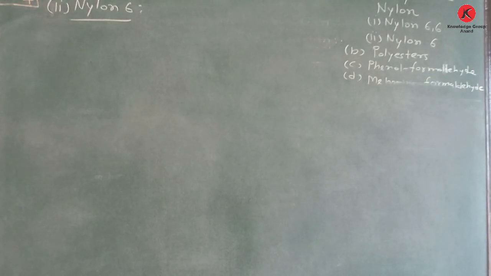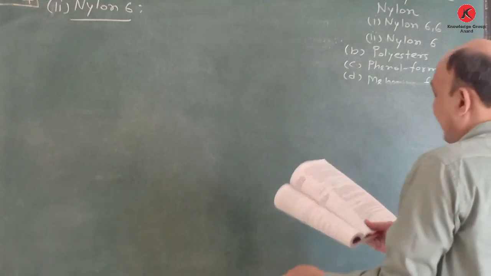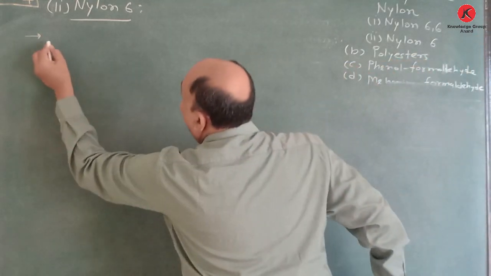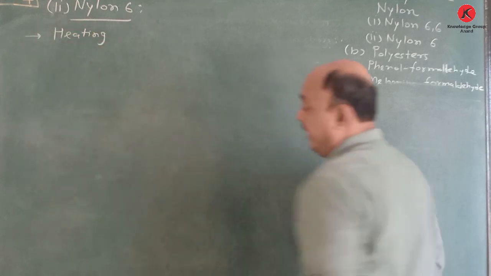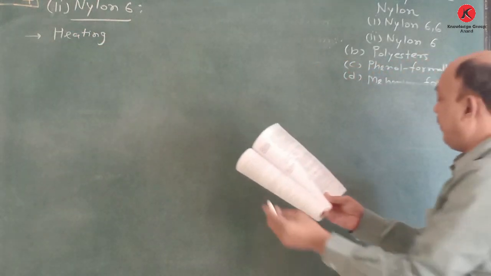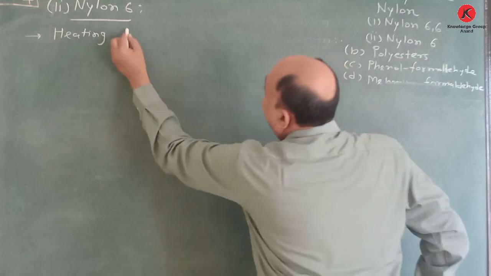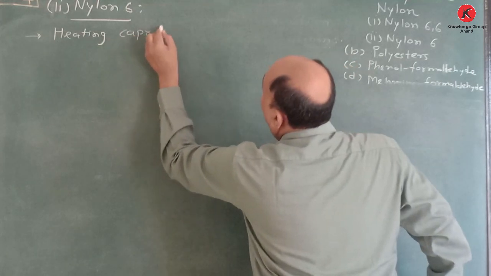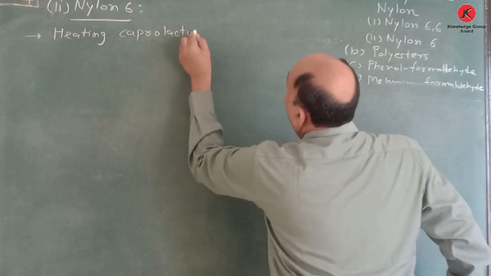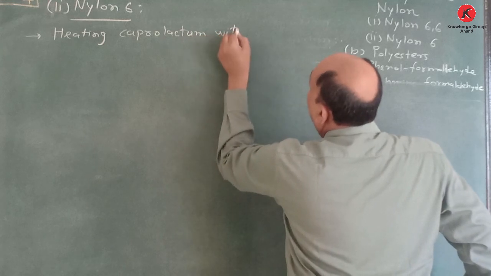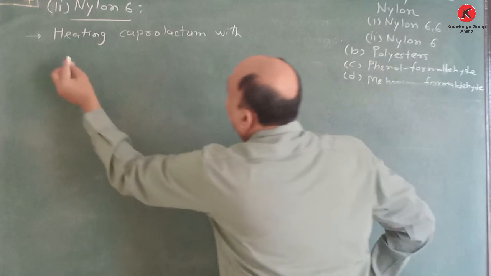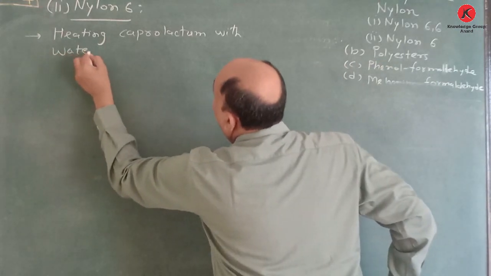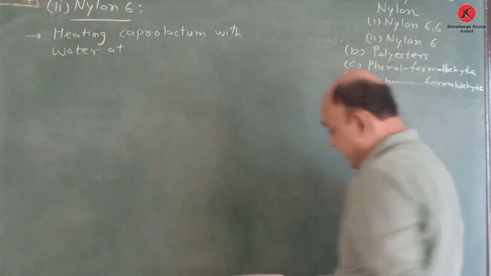Now the next topic is nylon 6. It is obtained by heating. How is it prepared? Heating caprolactam with water at high temperature.